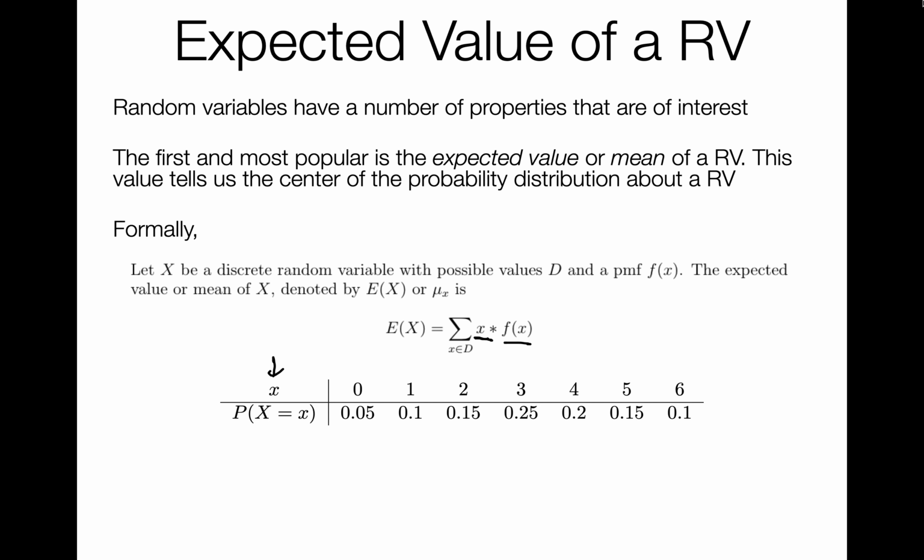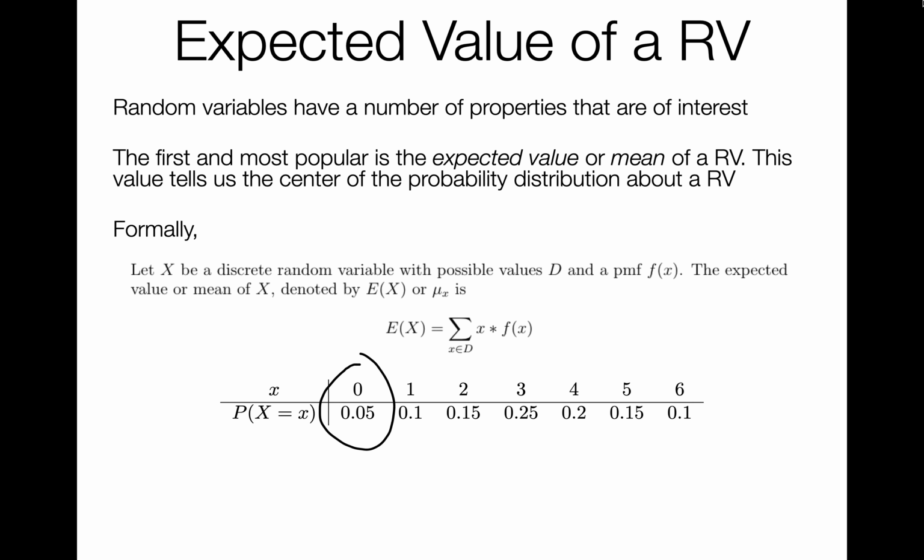Okay, so what does that correspond to? This x corresponds to the 0. This f of x corresponds to that 0.05. And so I do that for every single outcome. I multiply it and the probability together.